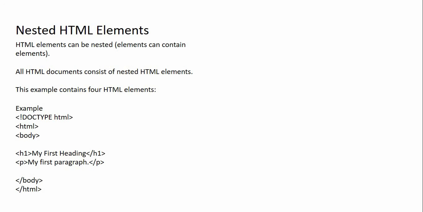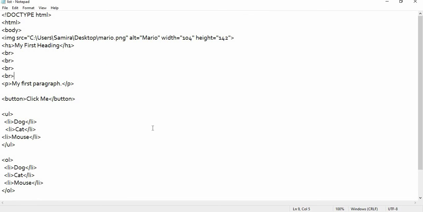Moreover, as I was speaking before about the BR tag, it simply gives you a break. So I will explain the BR tag more practically. As I have shown, I have added 4 break line tags.